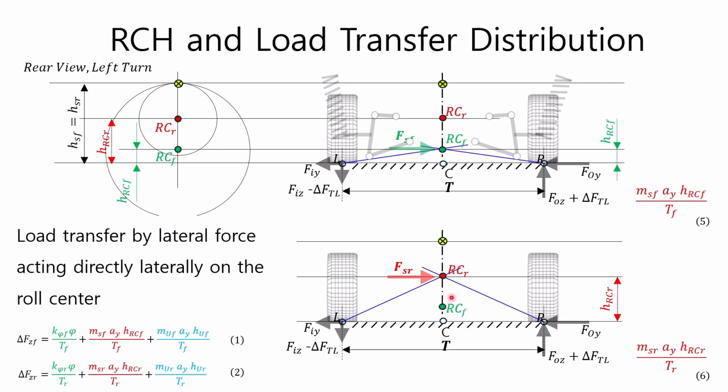Therefore, if the roll center is higher on one side, the proportion of load transferred through the suspension links on the higher side is greater, and the proportion on the lower side is smaller. The roll center of the early wishbone suspension was designed to be in the same position as the ground, but the roll center height of most vehicles on the market today is between 50 and 200 millimeters.